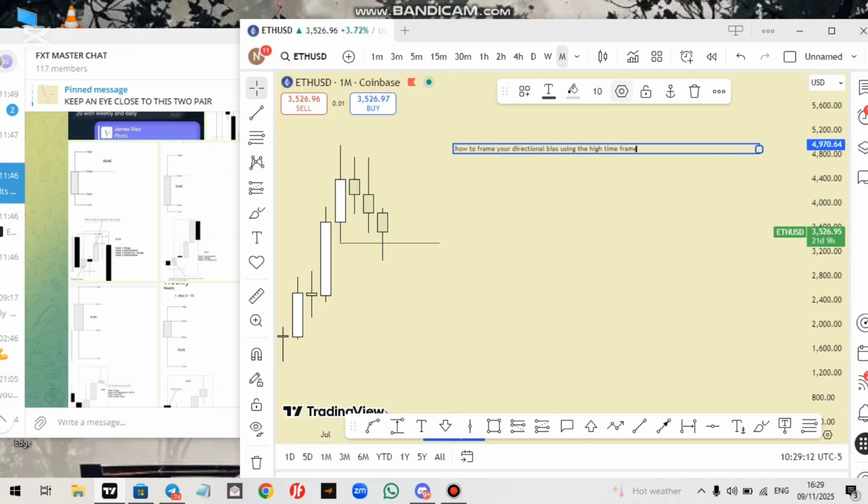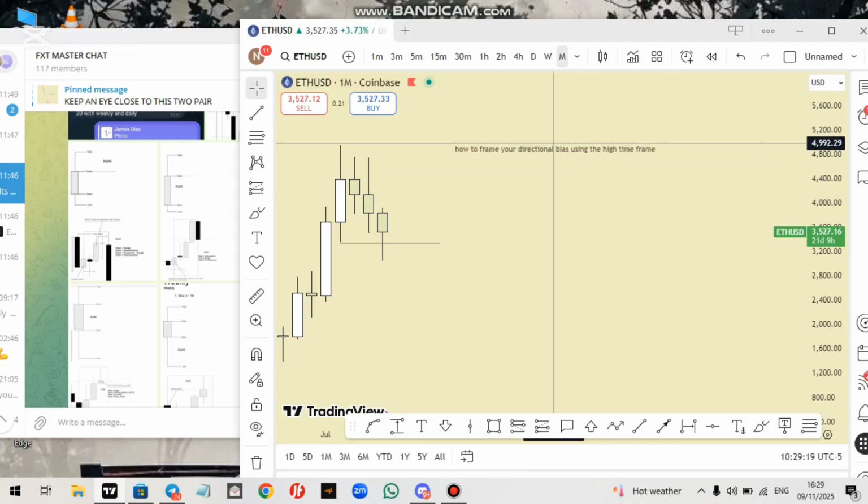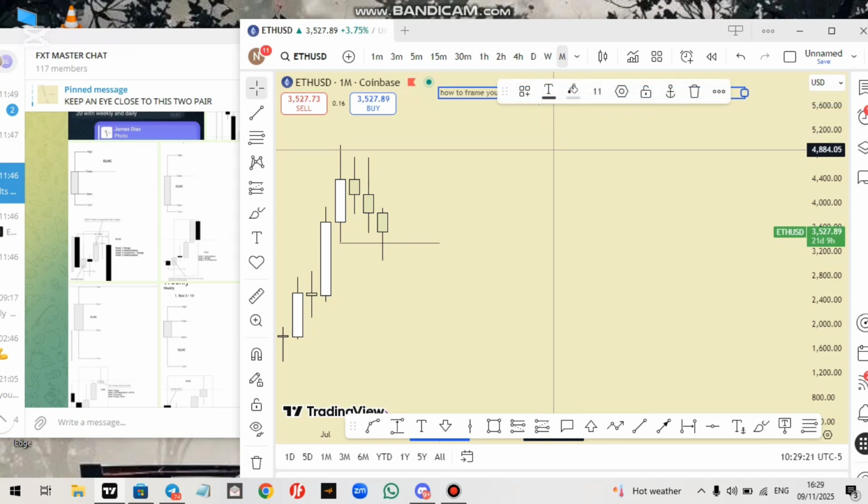So that is the actual topic for today. How to frame your directional bias using the higher time frame.